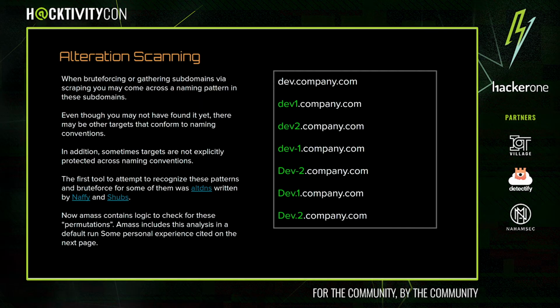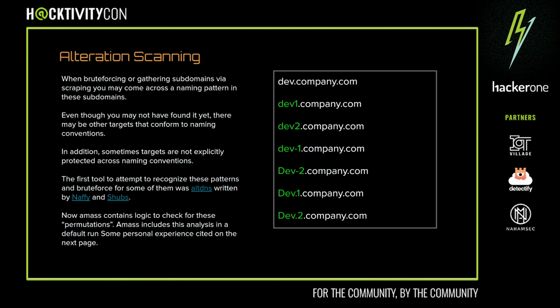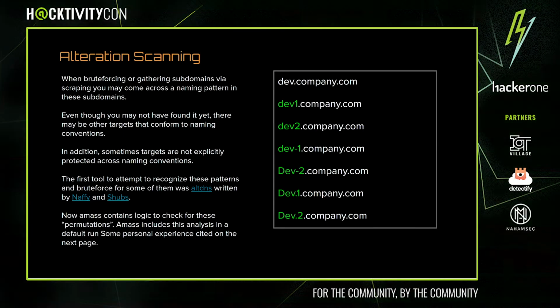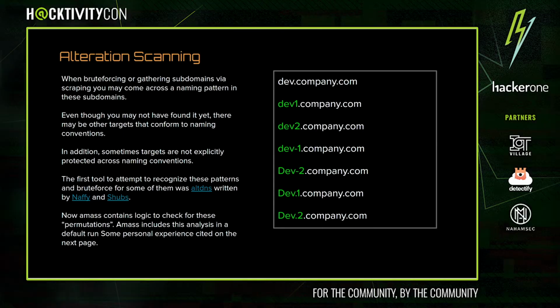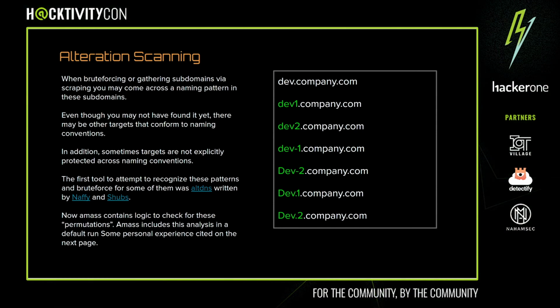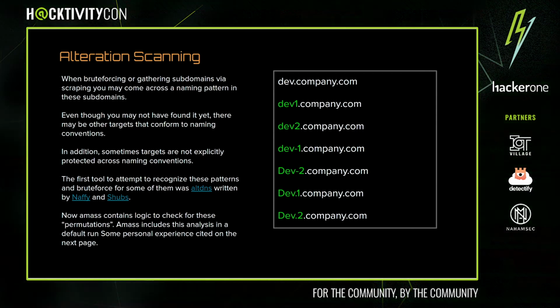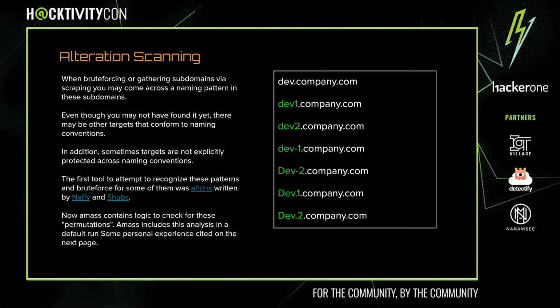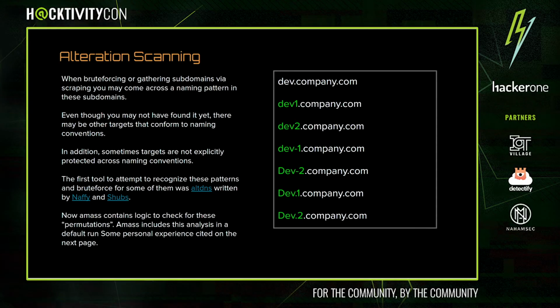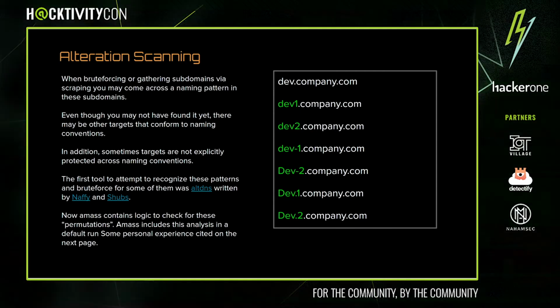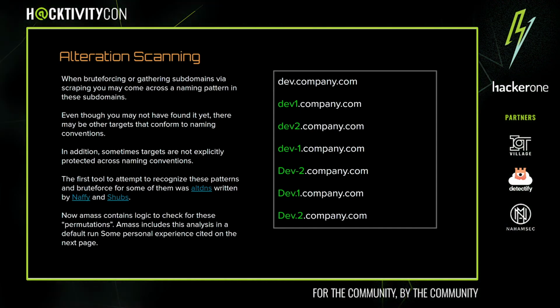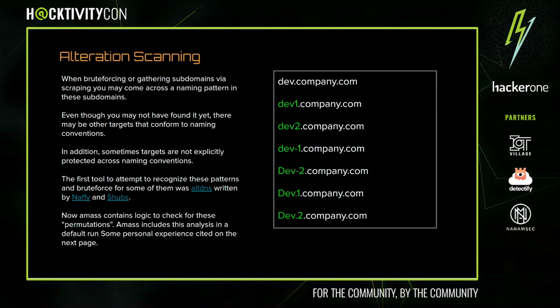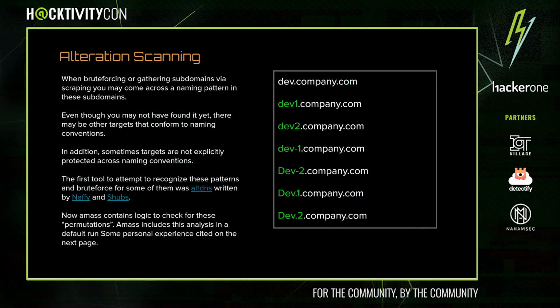So now we've brute forced based off of words, but now there's this idea of what I call alteration scanning, and this was pioneered by Nagli and Shubs, who are two really prominent, awesome bug bounty hunters, awesome humans as well. And they wrote this tool called AltDNS, and what this would do is it would notice a subdomain when doing scanning, something like dev.company.com, and then it would add permutations to it. Try dev1, try dev2, try dev-1, try dev-2, try dev.1.company.com.